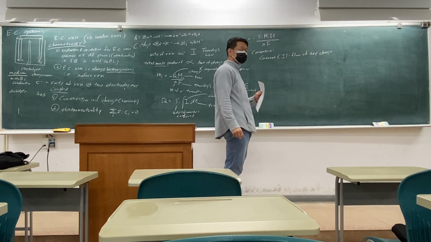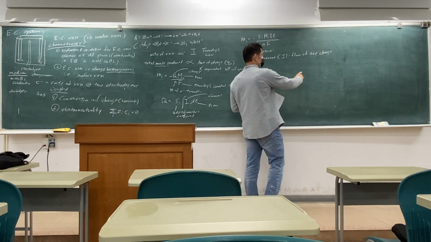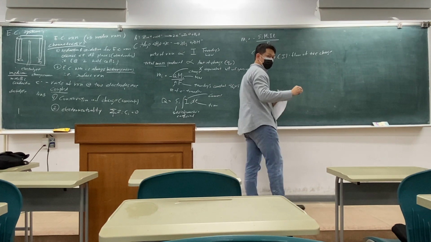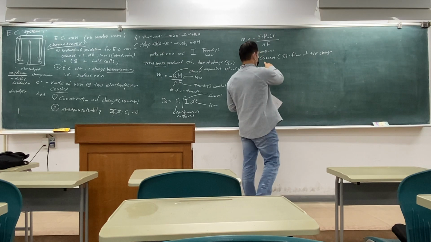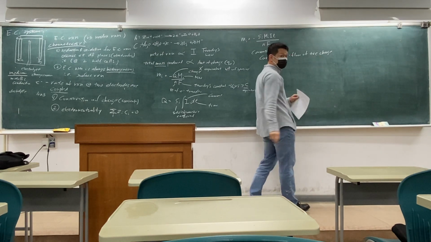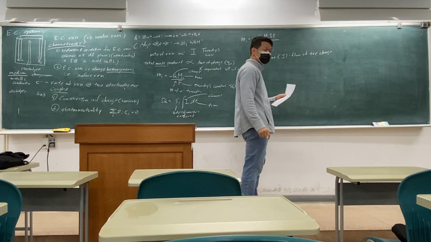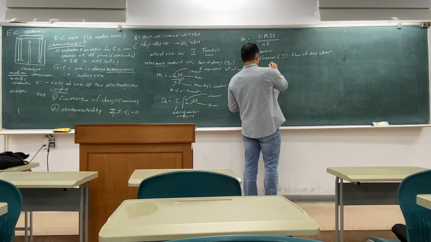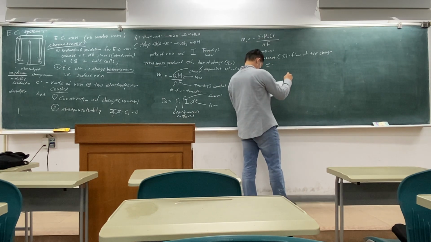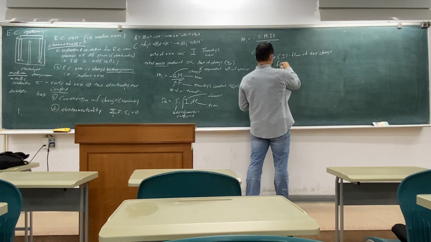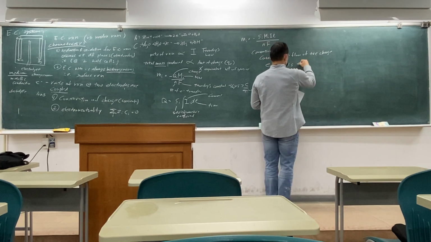Current is defined as the flow of positive charge. And electron flow is the opposite.